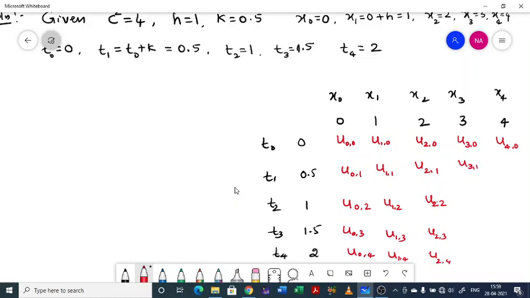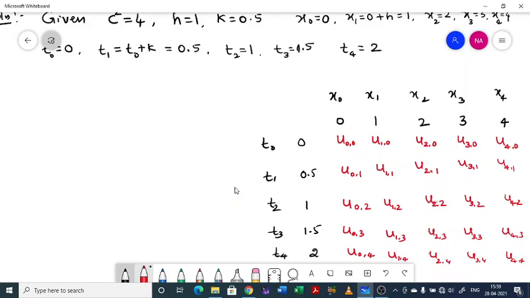U3,1, U3,2, U3,3, U3,4. U4,1, U4,2, U4,3, U4,4. Now I need to determine all these values.